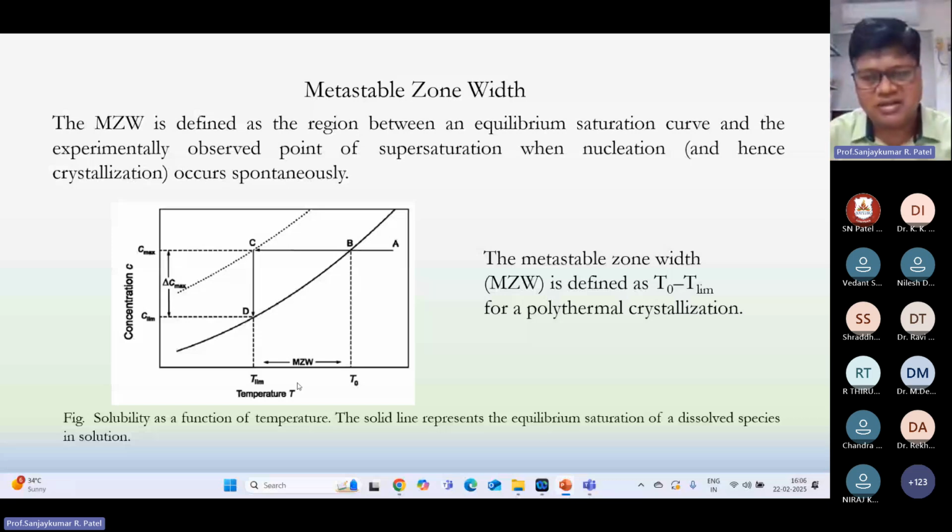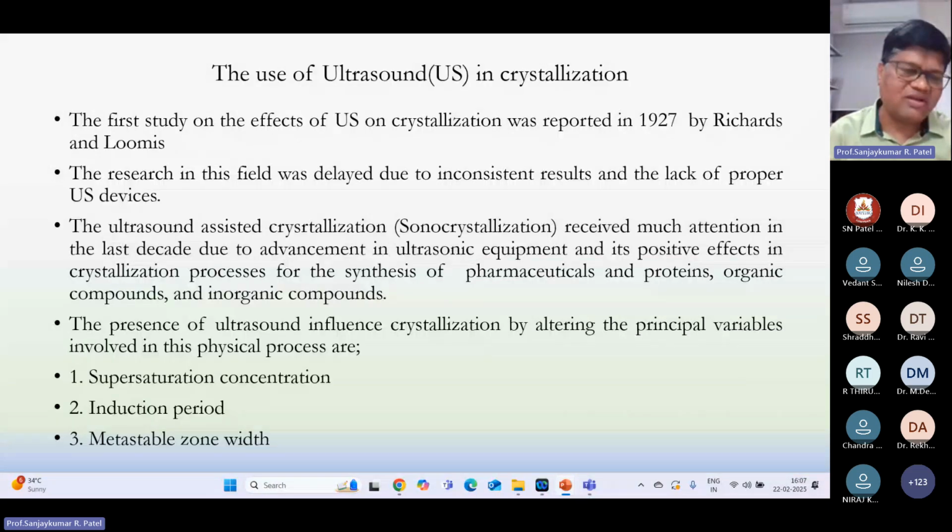So here the use of ultrasound in crystallization comes into the picture, because we have already defined that the problem associated with a simple cooling crystallization, a chemical reaction or an evaporative crystallization is that they are not giving a uniform size distribution as well as uniform shape.